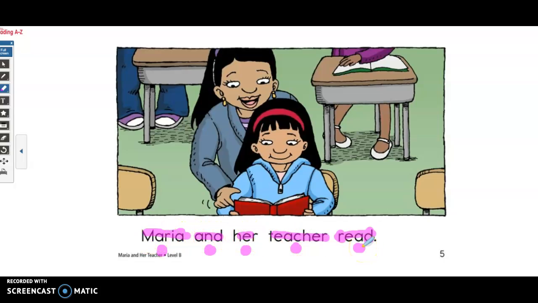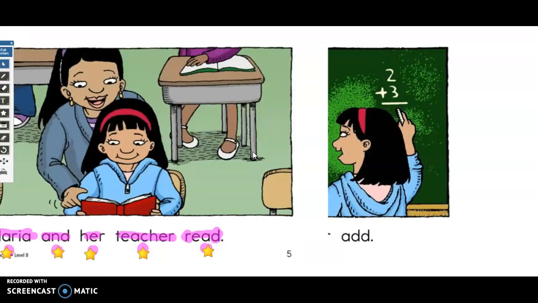I'm going to clap the sentence. 1, 2, 3, 4, 5. Ready? Maria and her teacher read. Let's stamp them. Maria and her teacher read. That makes sense. 1, 2, 3, 4, 5 words. And it makes sense when you look at the picture.